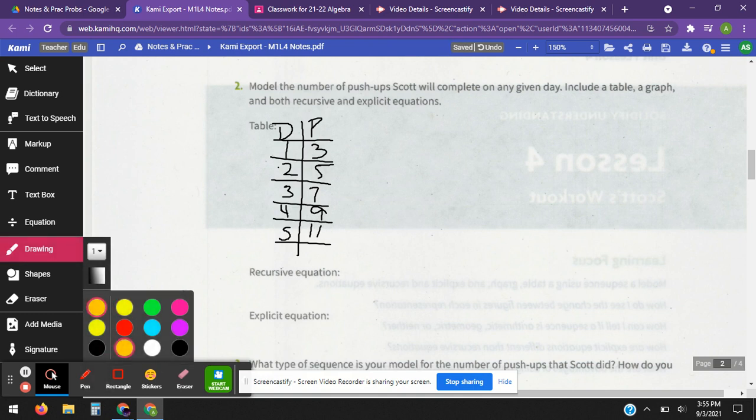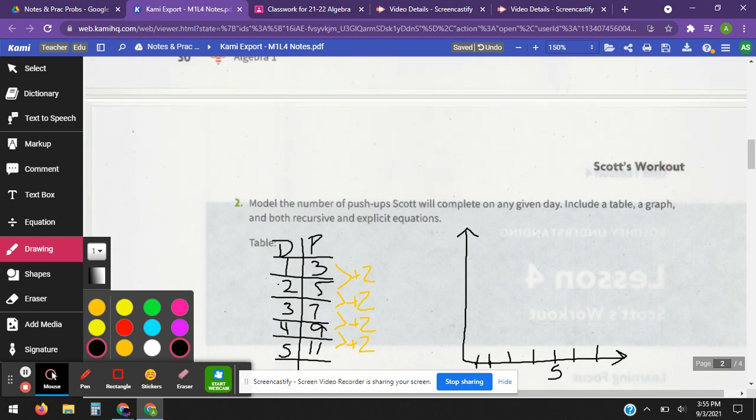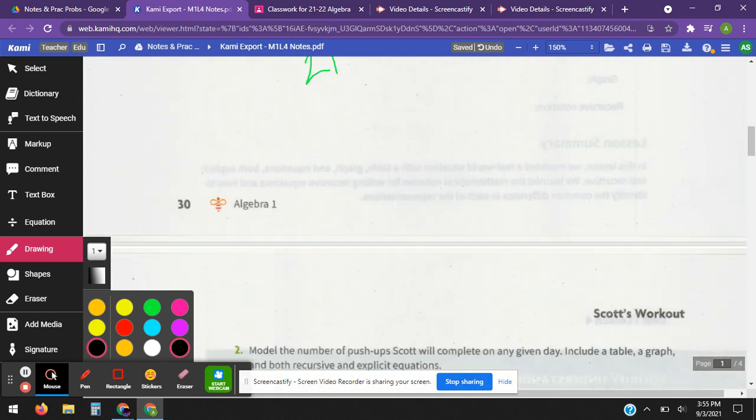So we were saying how this was a +2, right? Let's do our graph. We'll just do our own graph here. 1, 2, 3, 4, 5, 6, 7. And day 7 got up to how many? 15.